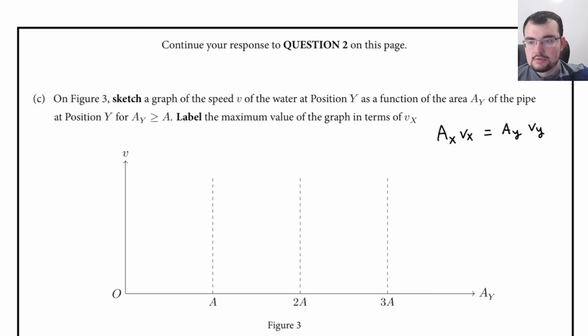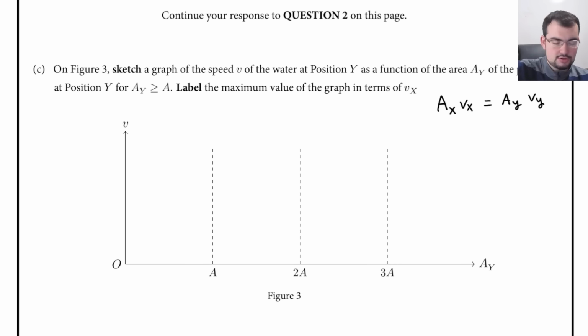So remember, if your pipe is bigger, your fluid doesn't have to flow as quickly to get the same volume through it. So we can think of the extreme case, where if I have a super, super, super big pipe, well, even if the water is just moving really slow, you're getting that volume through. So we know it should be some sort of decreasing curve.